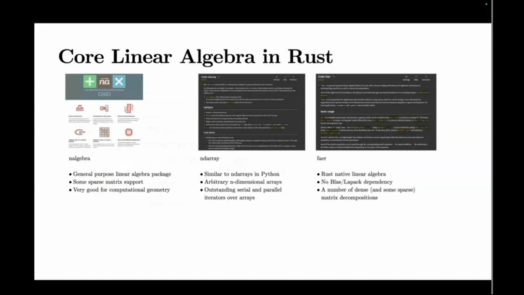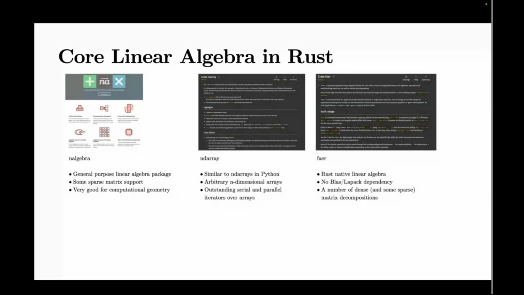Now to the core linear algebra. Linear algebra is quickly maturing in Rust. We have three very popular packages. One is nalgebra, which is a general-purpose linear algebra package and very popular also in the computational geometry community. Then there's ndarray, which provides a low-level multi-dimensional array type similar to NumPy arrays in Python. And then there's also faer, which is kind of like a Rust equivalent of LAPACK.